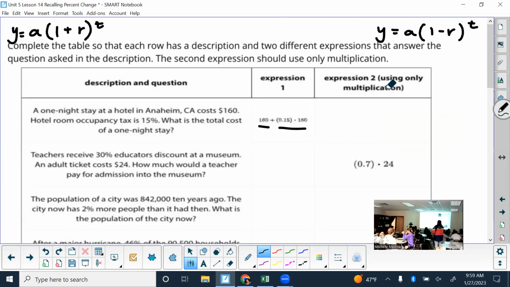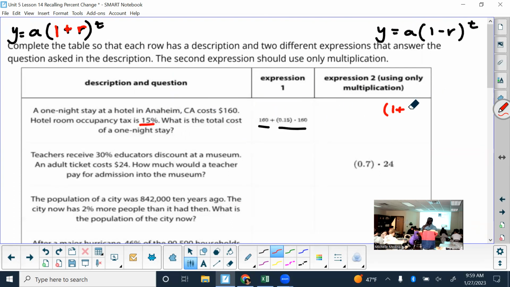To write that only using multiplication, think, would the tax add to the cost or decrease the cost? So let's look at the 1 plus the rate. So what's my rate? Well, the rate is the 15%.